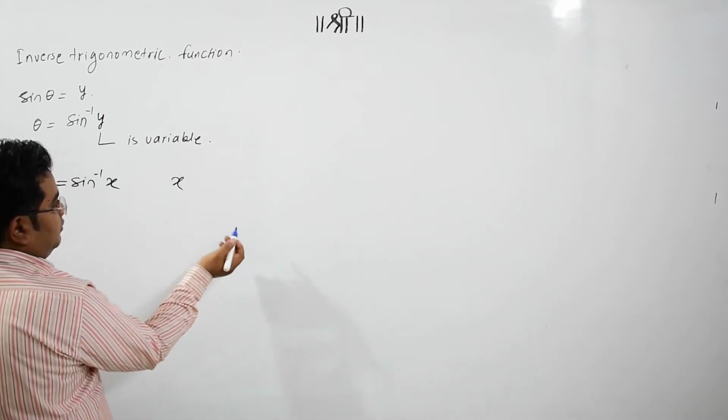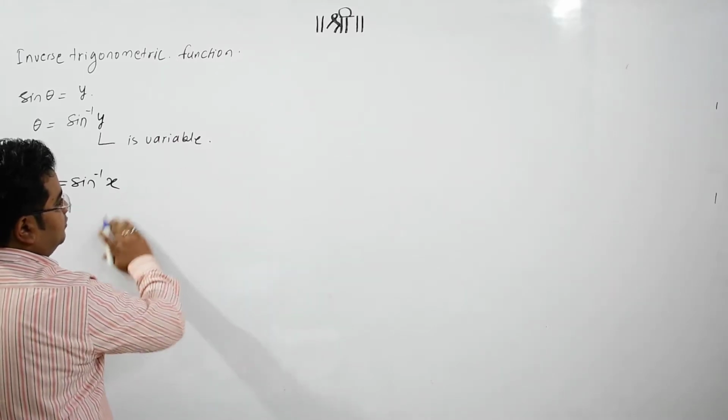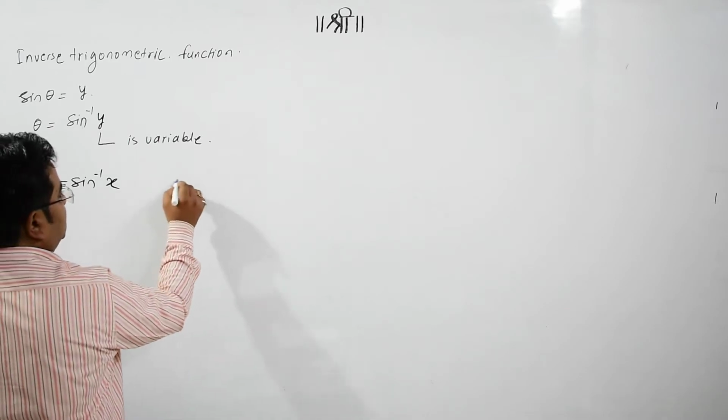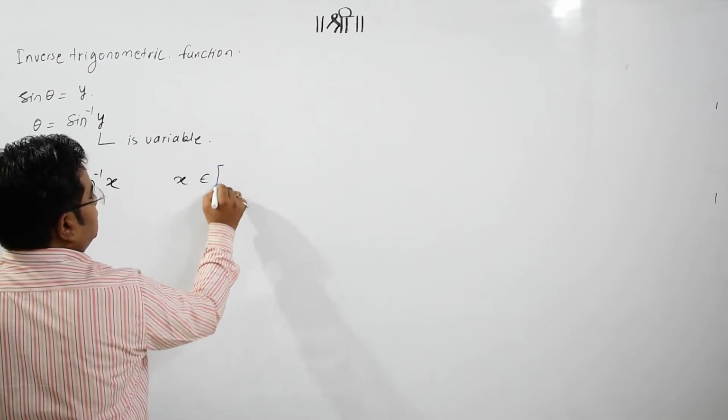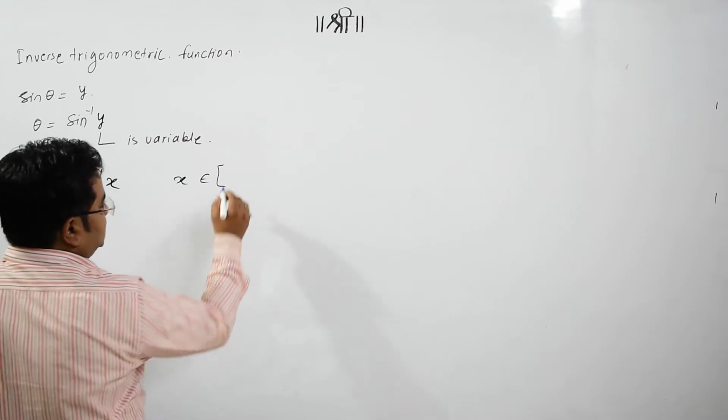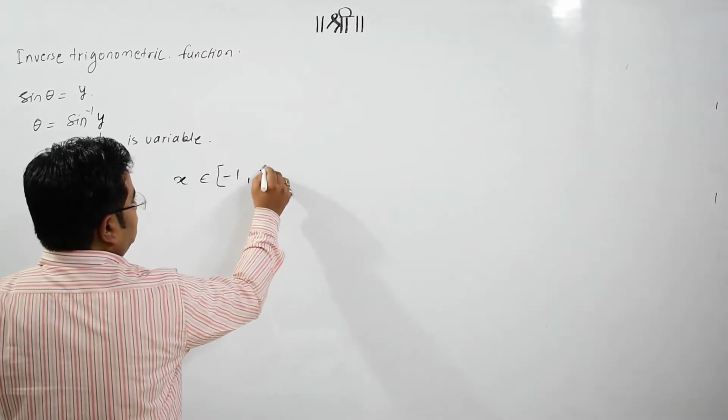So what is the interval of x? Most of the books write it as lesser than, greater than something. So it should be a closed interval, x belongs to this closed interval, something like -1 to 1.